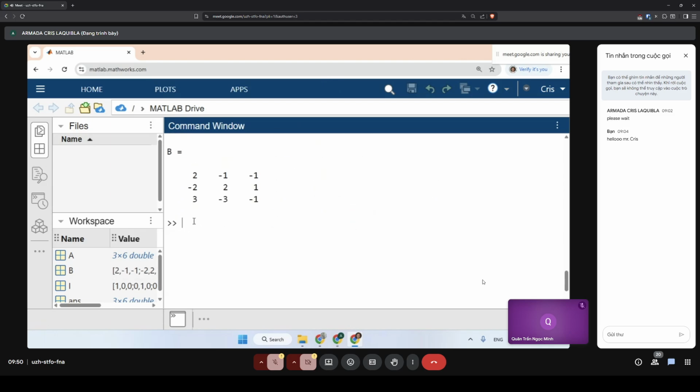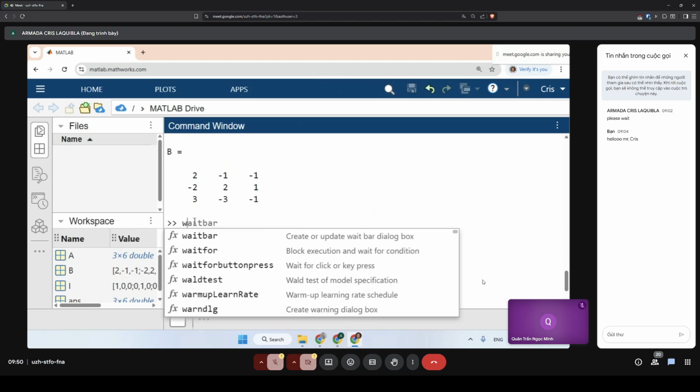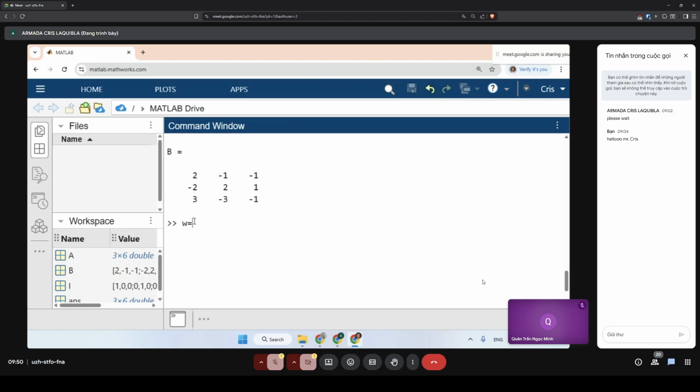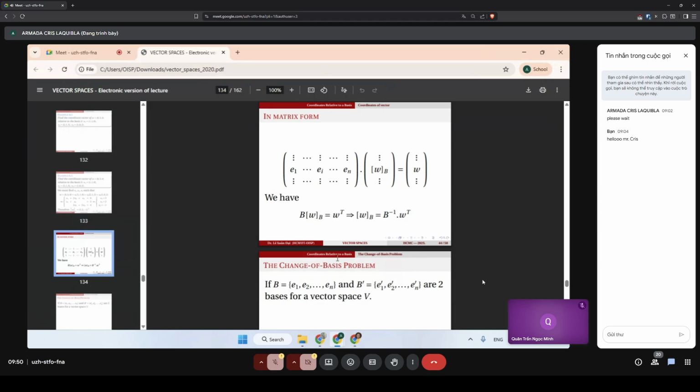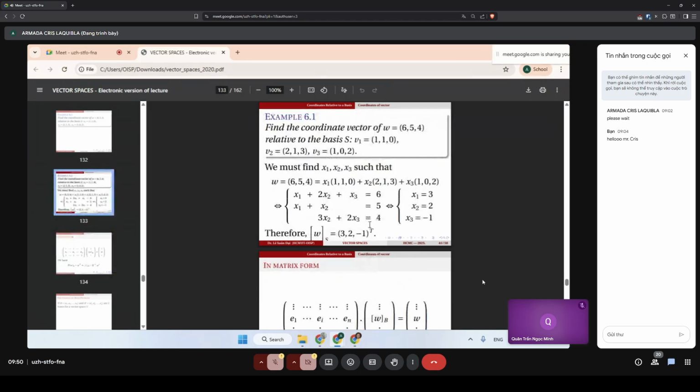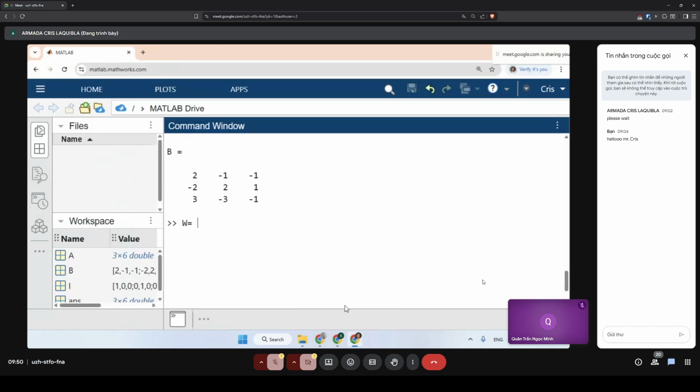Now we multiply it with our W transpose. Our W transpose is equal to, can use capital W here. Our W there is this, 654. We cannot use a 1 by 3 matrix, class. Since this is a 3 by 3 matrix, we have to multiply a 3 by 1.